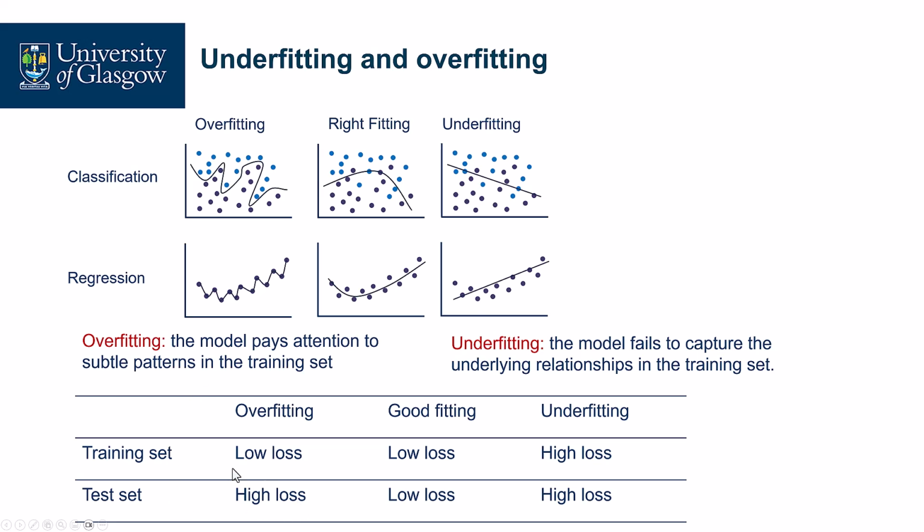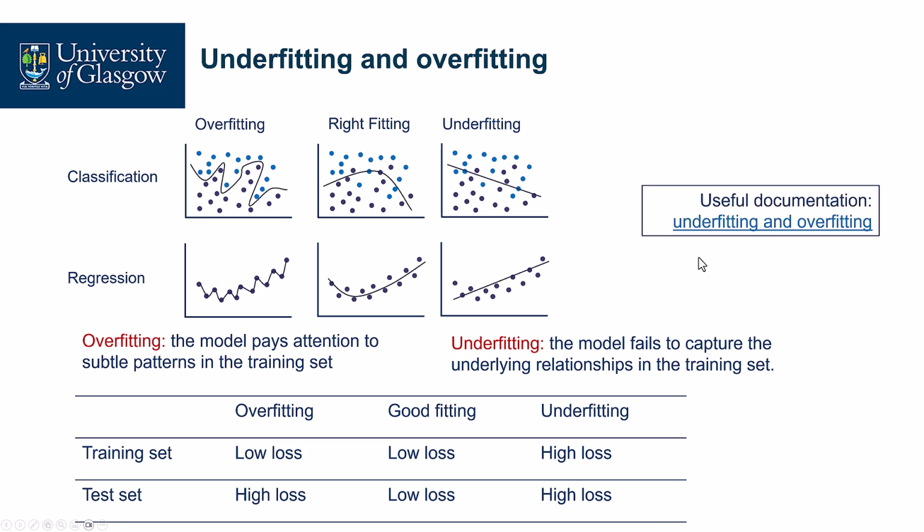So the test set has high loss and the training set has low loss. And for underfitting, it's easy to see that both the training set and test set have high loss. So here I provide a brief review of underfitting and overfitting.